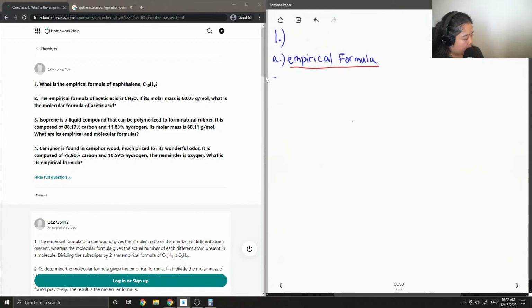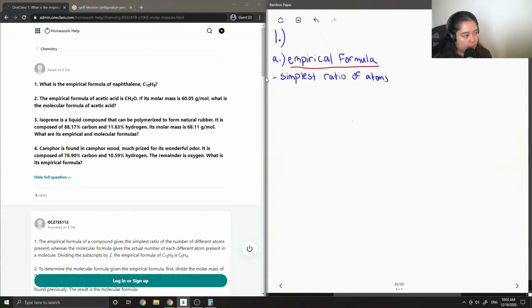Empirical formula is basically just the simplest ratio of atoms. The opposite of the empirical formula would be the molecular formula.